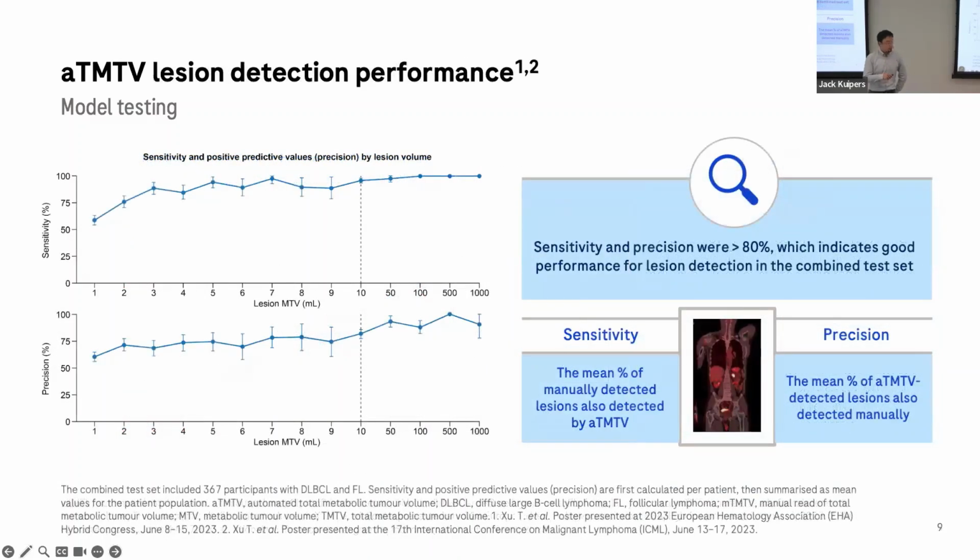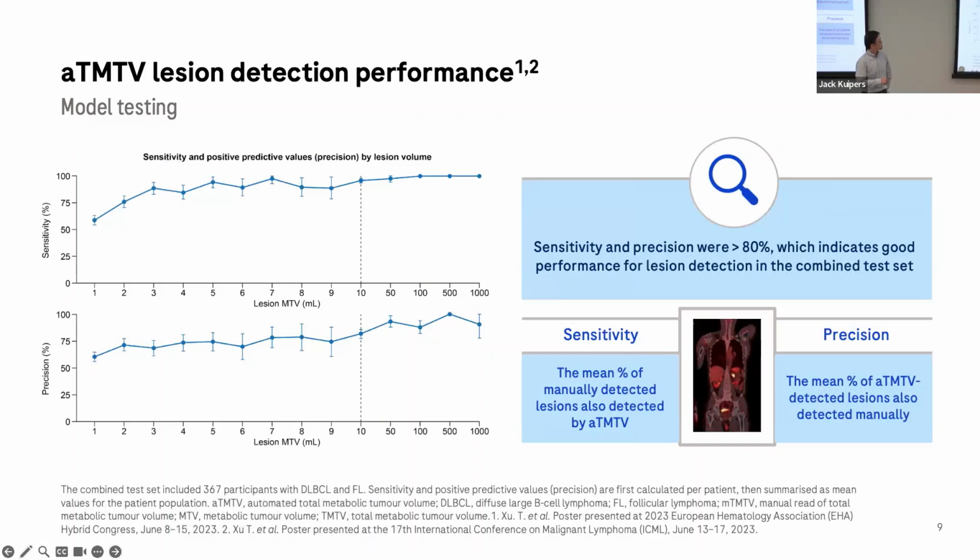So this is the other part of the evaluation, related to lesion detection. As also mentioned in the previous slide, we see a slightly lower sensitivity and precision in the detection of lesions with lower volume.